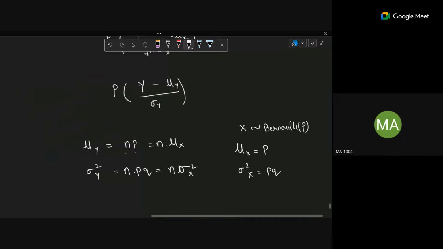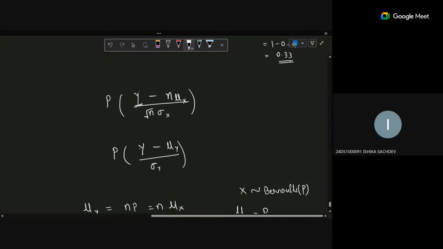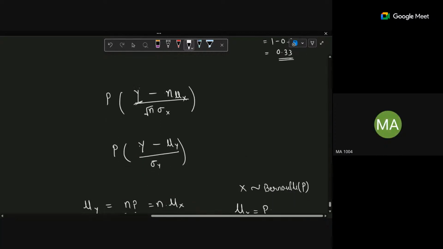Ma'am, if we have n IID samples and Y represents the sum of those samples, then can we use this formula Y minus n mu for CLT? Both of these are the same, and here we are considering that they are IID. It was given there.